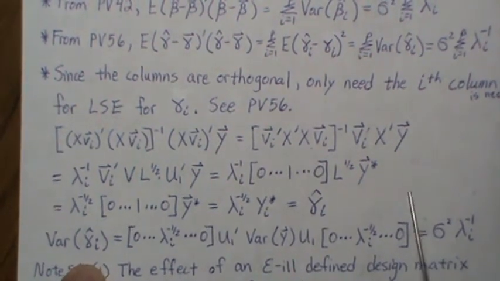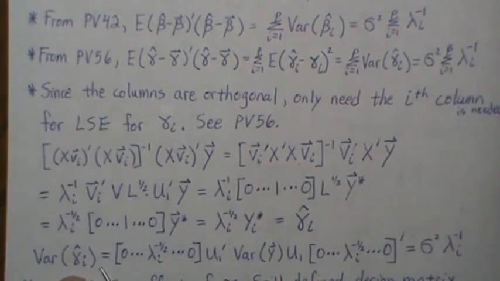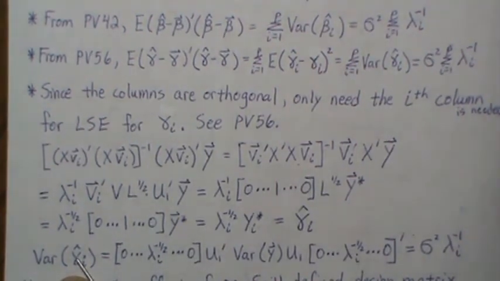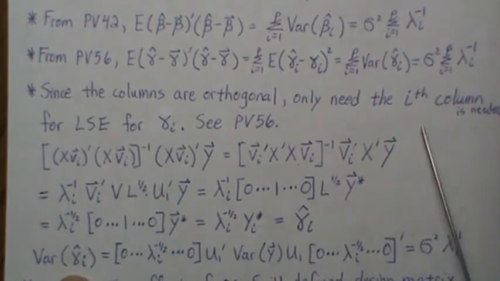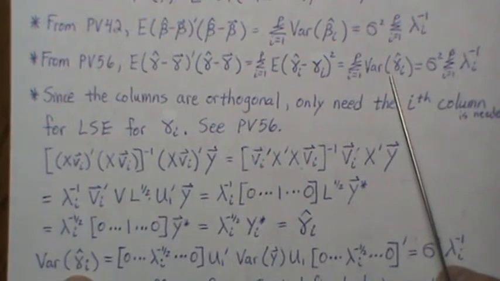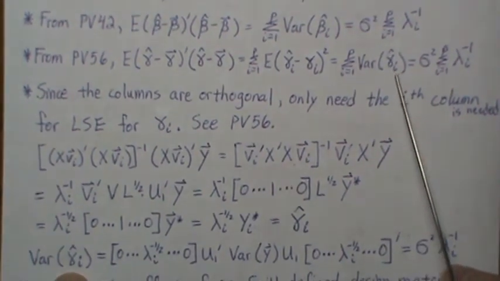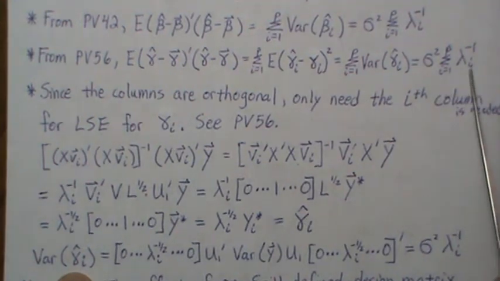And so why is this important? Now, and this is what I was saying earlier, the variance of gamma_i hat is just this. So this sum, they're actually independent. So the variance of gamma_1 hat is actually sigma squared lambda_1 inverse, right?